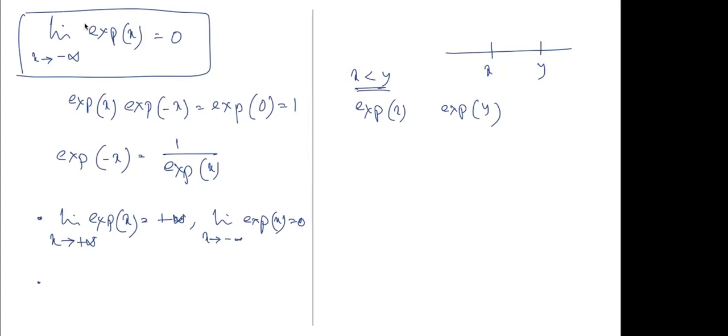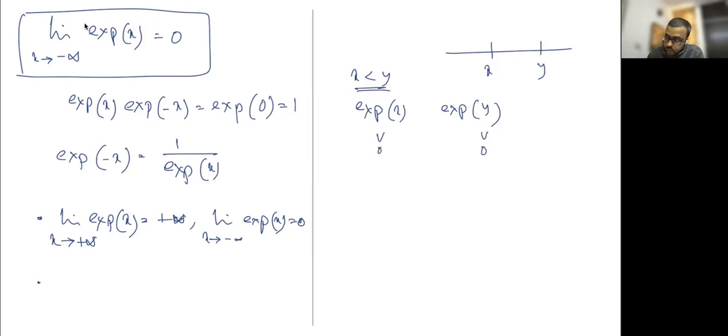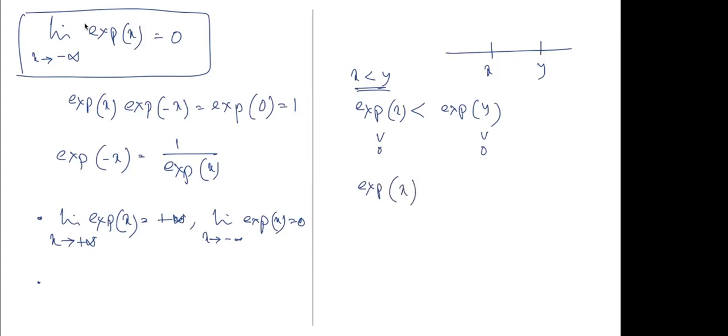If both of them are negative, then it will be the reverse sign. If both of them are positive, then exponential x will be less than exponential y. You are saying that because of the one upon exponential property. Yes.